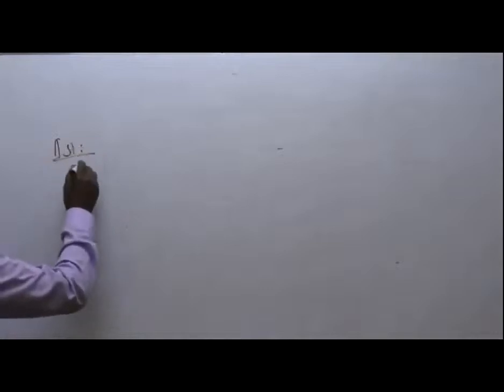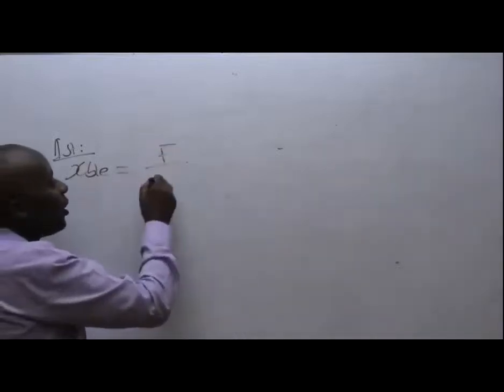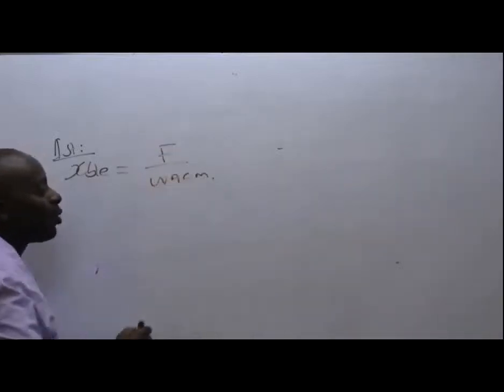To get revenue break-even, the only way out is to use the WACM method. The WACM method will give us X break-even. So first, X break-even: because there are three products, I'll talk of fixed cost over WACM.